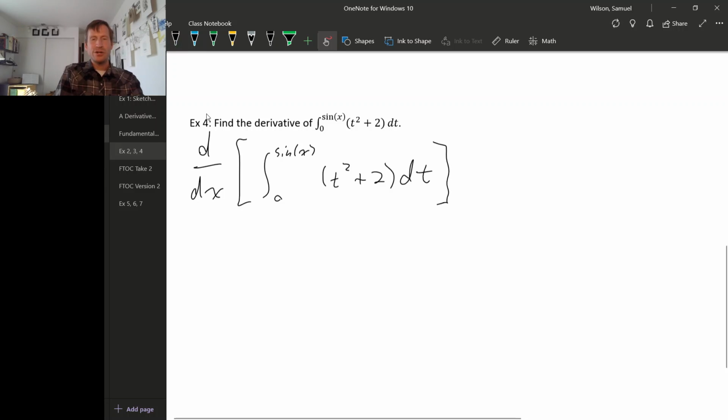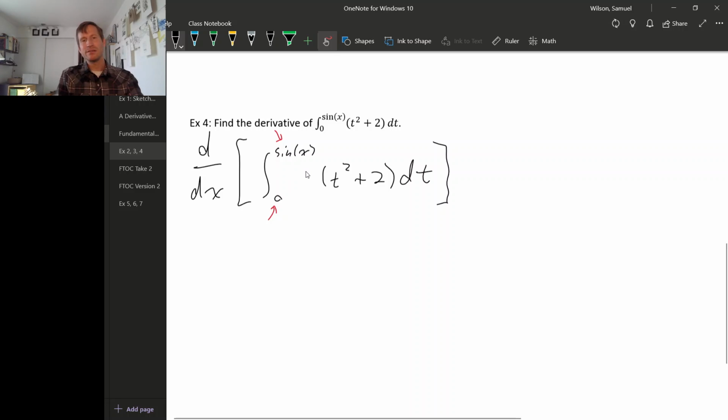Okay, so we're going to use the fundamental theorem of calculus at some point, but the bottom bound is a constant, so that's good. But the top bound is not just the variable x, it's actually some other thing. It's a function of x, right? So we can't use the fundamental theorem of calculus directly.